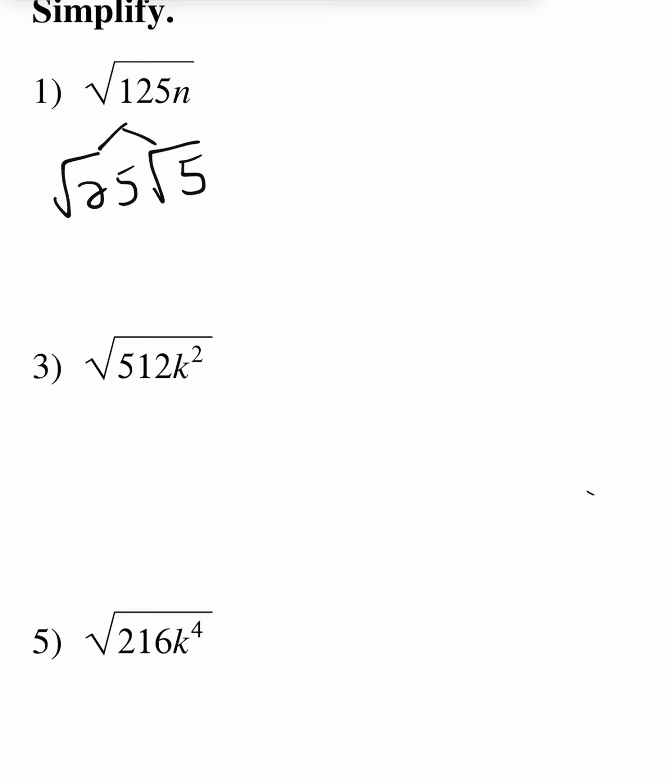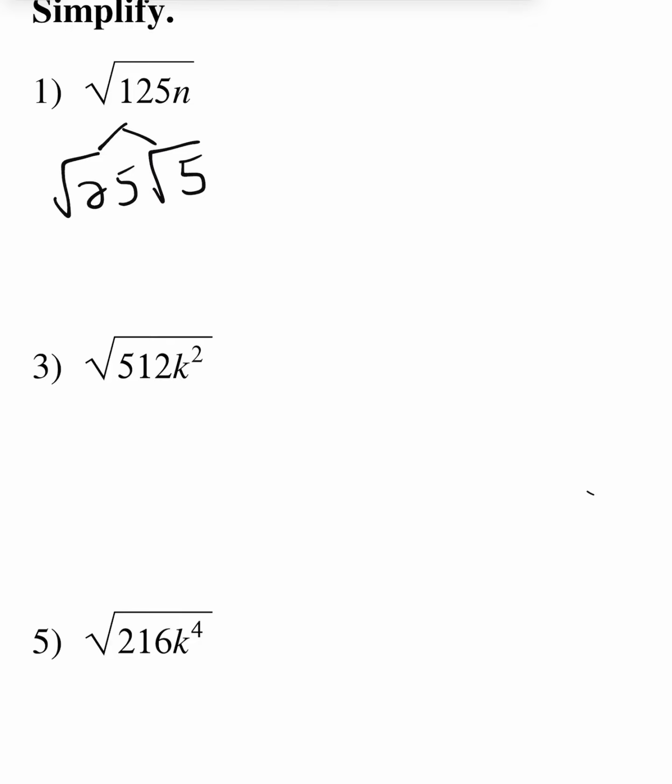So we separated that 125 out into two square roots, just like we did the 36. We separated it out into square root of 4 and square root of 9, because 9 times 4 equals 36. We separated this out into square root of 25 and square root of 5, because when you multiply these two, it equals 125.